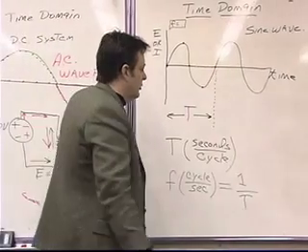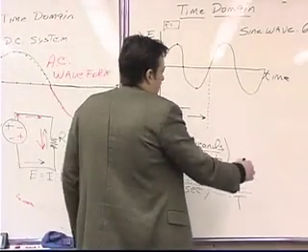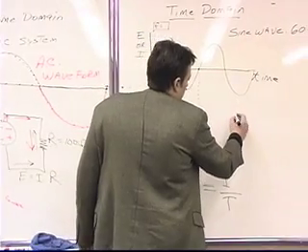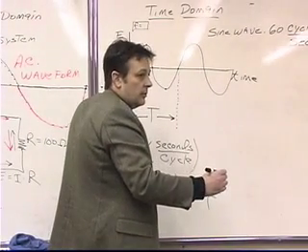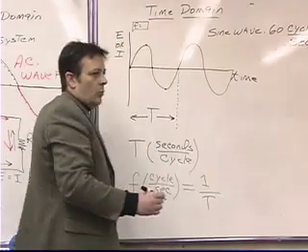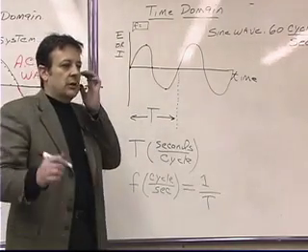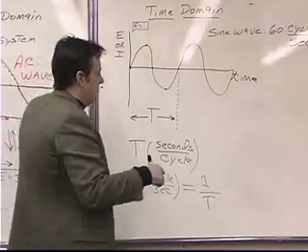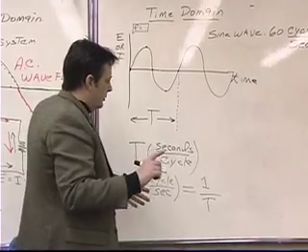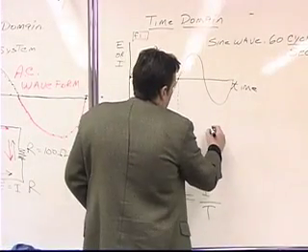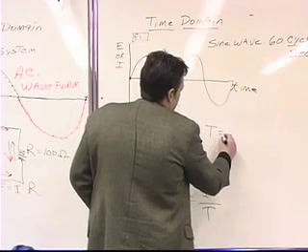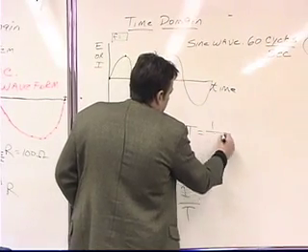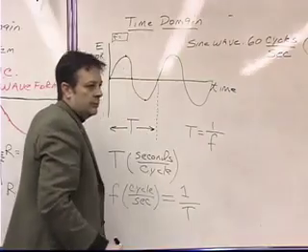Okay? So let's do a quick example. We'll do 60 hertz. That's our frequency. Let's work backwards from that, because the other is also true. In other words, if you want to know what the period is, it's the inverse. It's equal to the inverse of frequency.